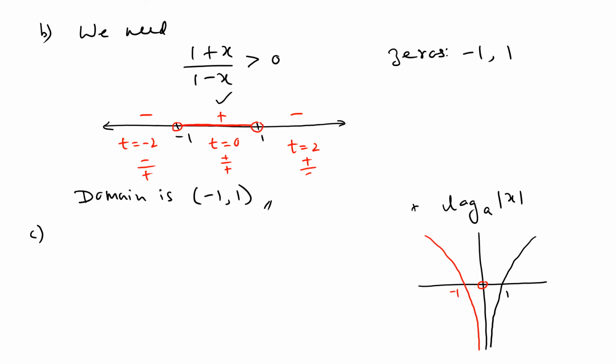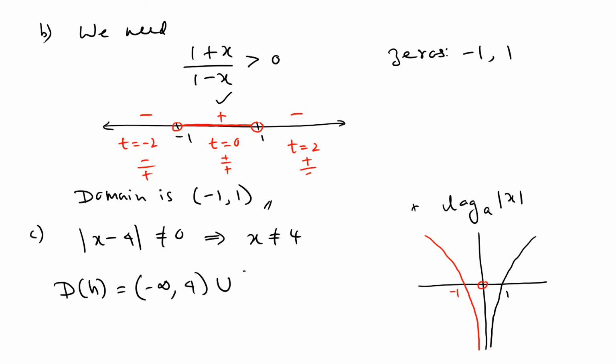So for the third problem, we need x minus 4 not equal to 0, in other words x not equal to 4. So the domain of the last function is everything except 4: -infinity to 4 open, 4 to positive infinity, because it is the absolute value function.